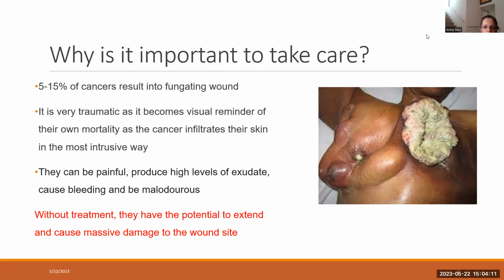So it causes great psychological trauma also. Plus it will have other problems like pain, exudates, it can cause even bleeding and malodor. If it is not treated properly, then all these things will go on increasing and it will cause a lot of damage to the particular wound site.